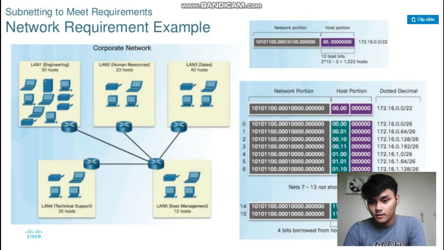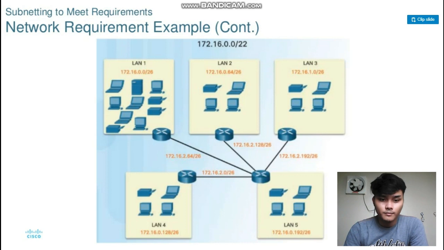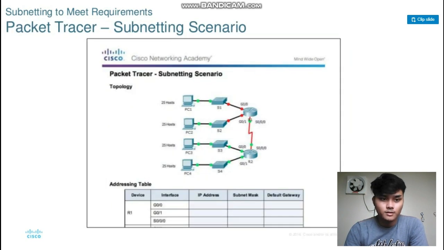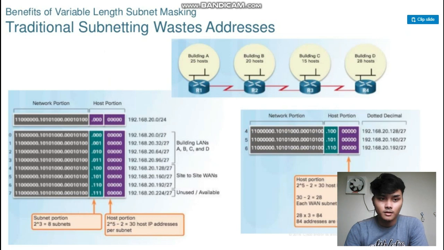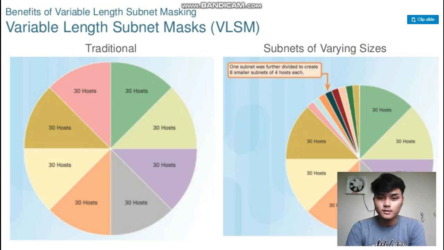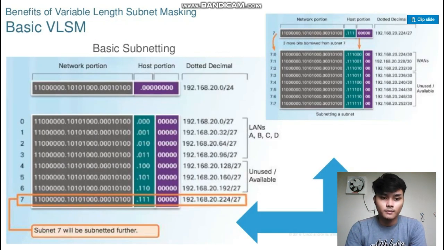It is easy. Then the lab exercise, Packet Tracer lab: traditional subnetting wastes addresses. You have to understand the formula, because you will not be able to execute the subnetting if you do not understand the formula. So we have traditional subnetting and subnets of varying size, basic VLSM.